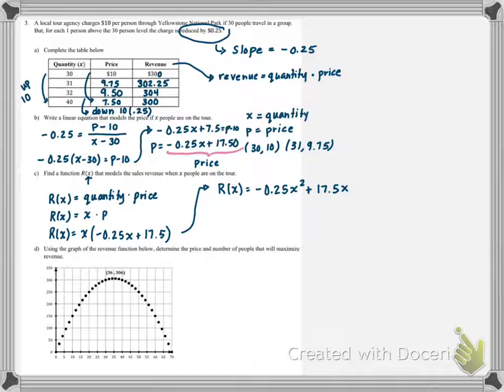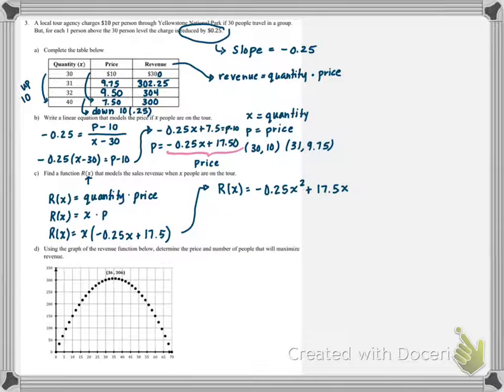So if this is the revenue function, what's the output of the revenue function? Why do you think we call it a revenue function?